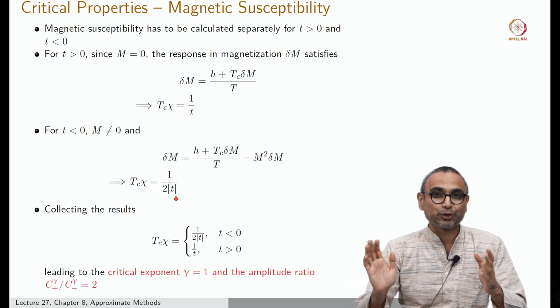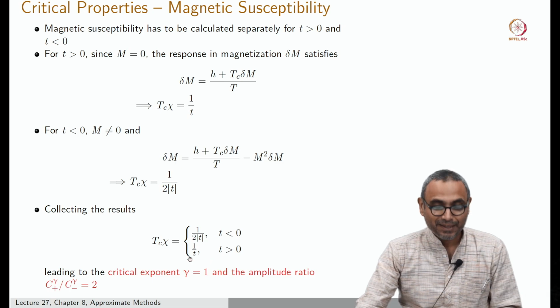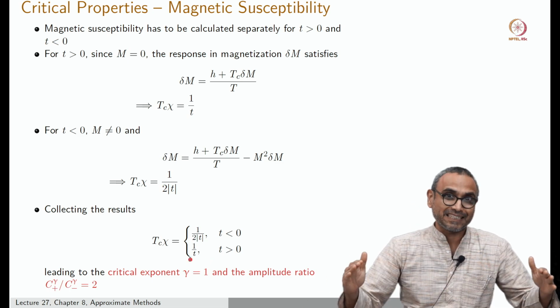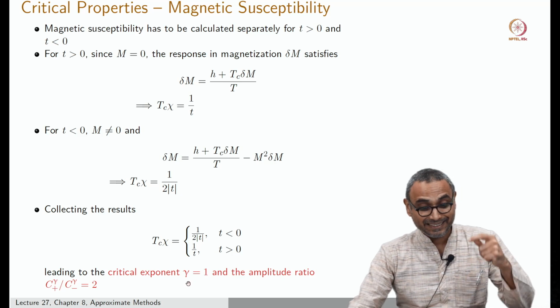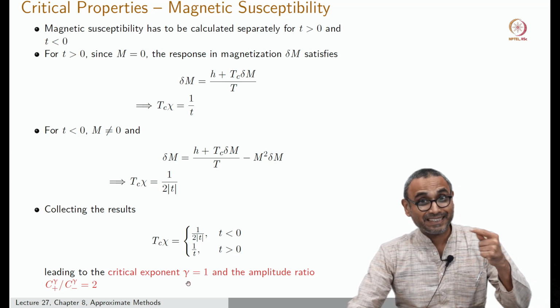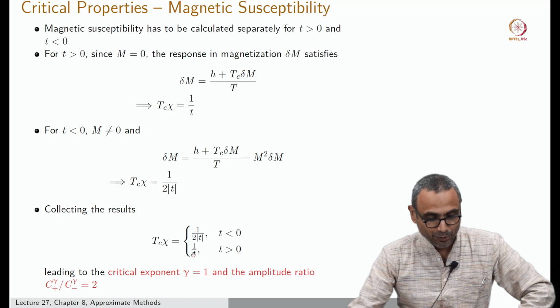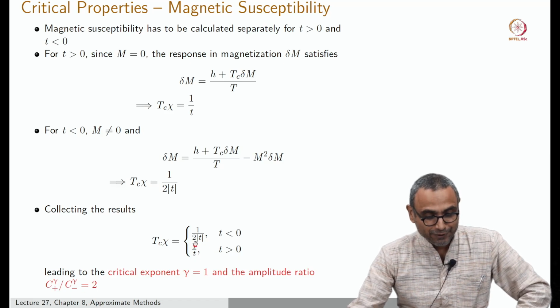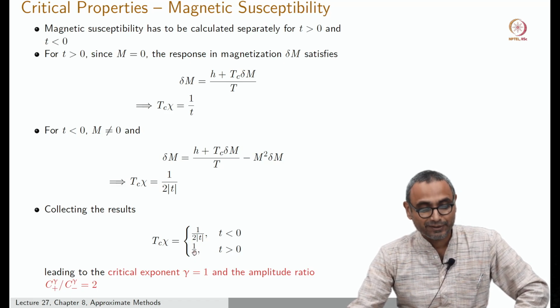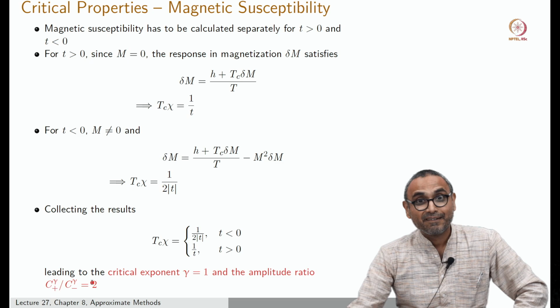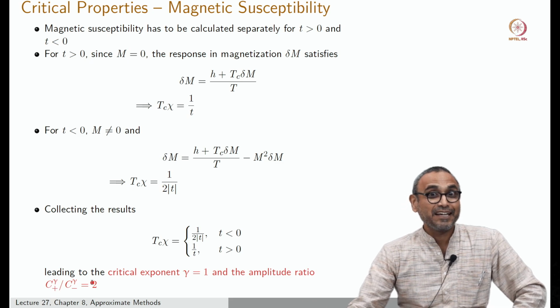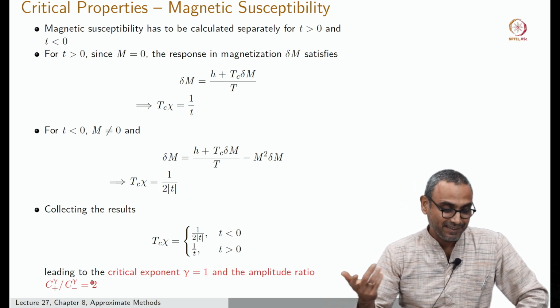So what we have shown is that there is singular behavior of the susceptibility, and the critical exponent gamma is 1. And remember we talked about these amplitude ratios. If I take the ratio of the coefficients on the two sides, it turns out to be 2 in this case, which is indeed a universal number, right.